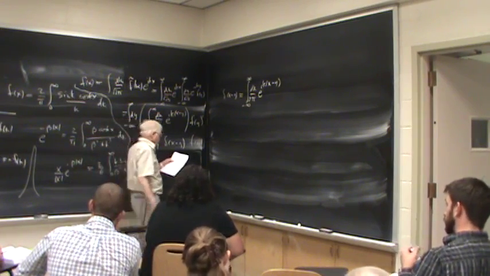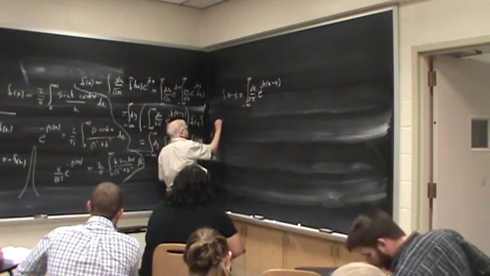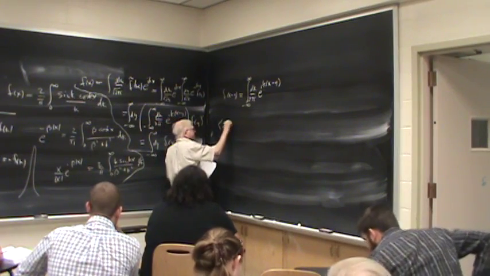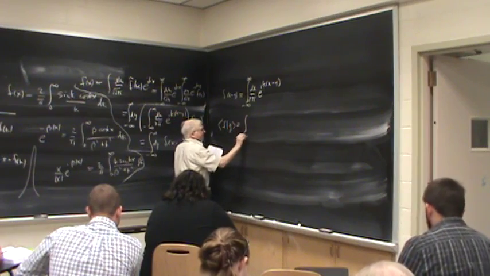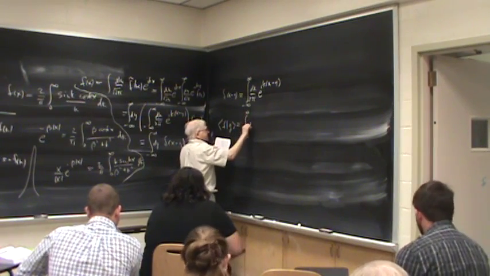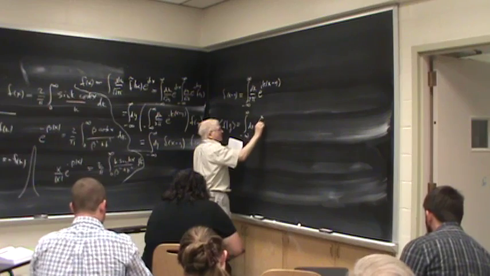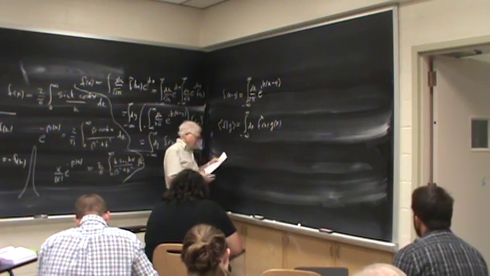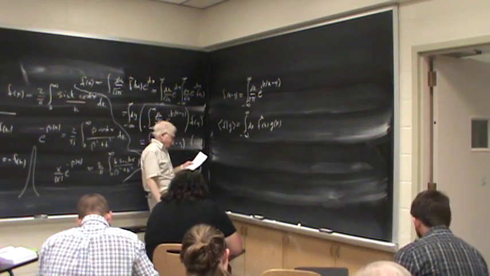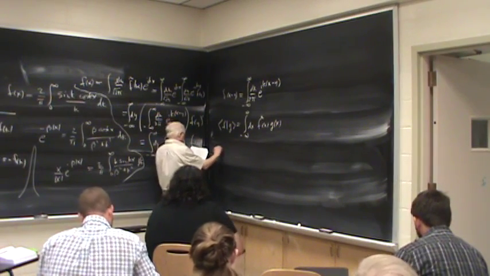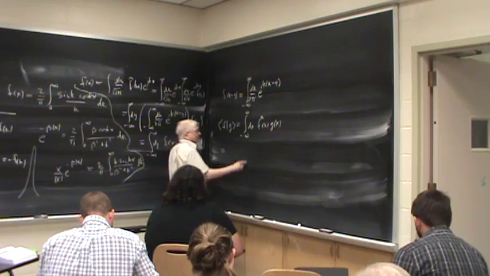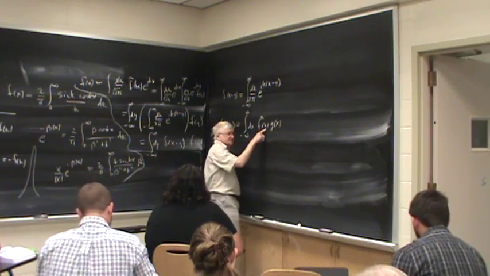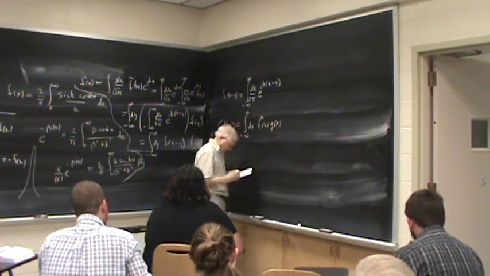All right, so let's now think about the inner product of two functions. A very nice inner product is the integral dx f star of x g of x. Now I'm going to fool around with this because I'm going to write f of x as a Fourier transform, and g of x as a Fourier transform.